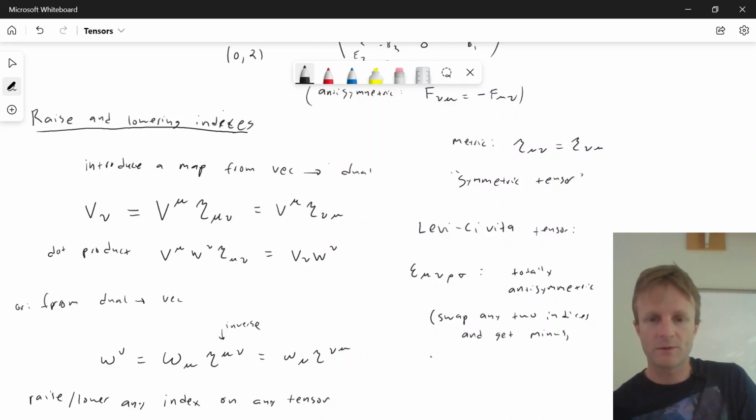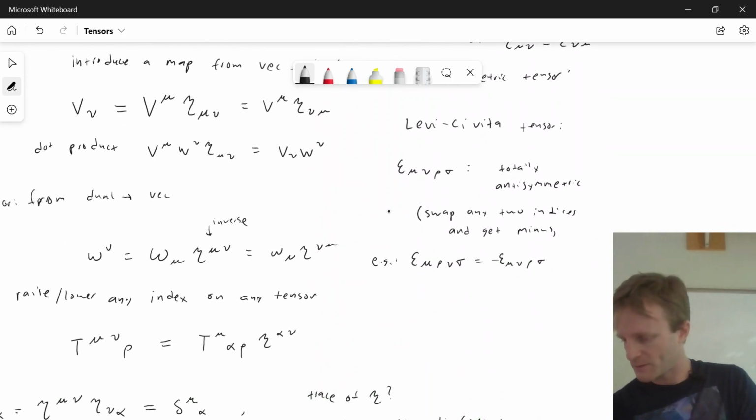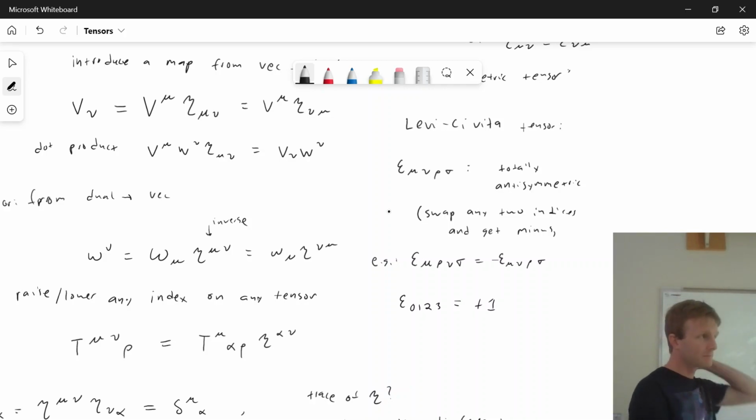So for example, epsilon mu rho nu sigma, where I've swapped the middle 2, is equal to minus epsilon mu nu rho sigma. Similarly for all the other index swaps, and then you have to pick a normalization, and Sean uses this one.